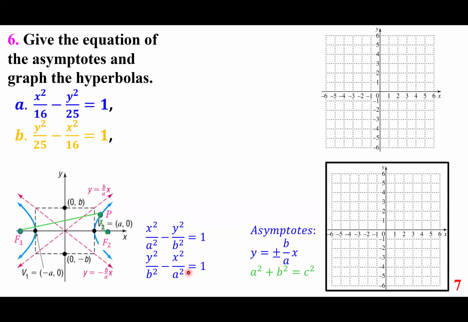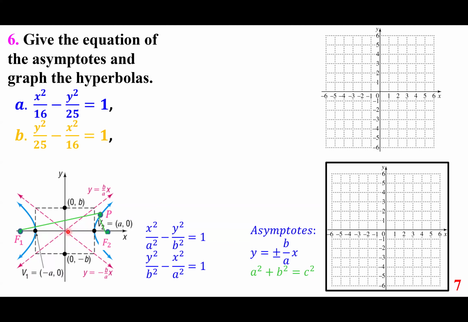When I do that, the equation of the asymptote doesn't change. If you don't, it will, and most texts actually do that. I like to keep the equation of the asymptotes as plus minus b over a times x. And in the case of hyperbolas, always a squared plus b squared equals c squared.